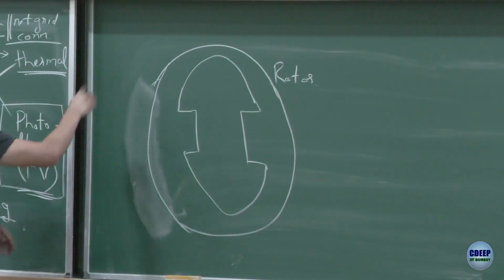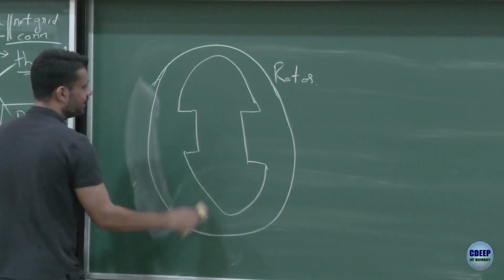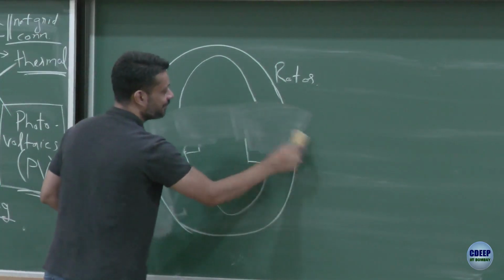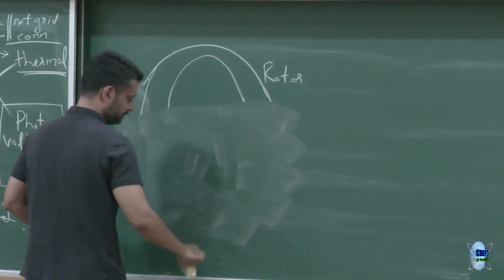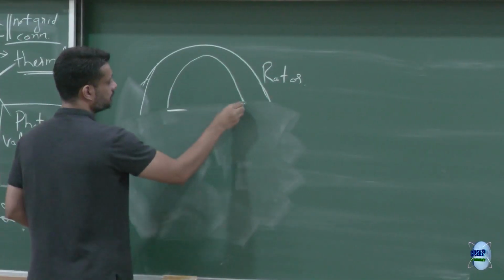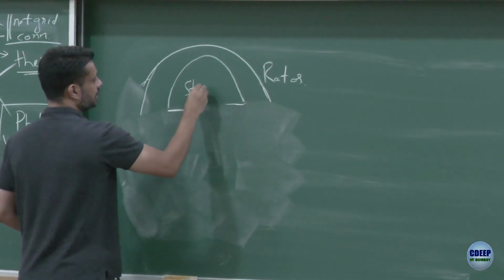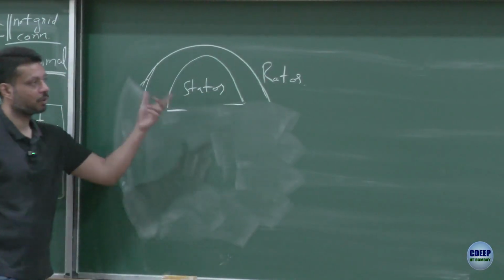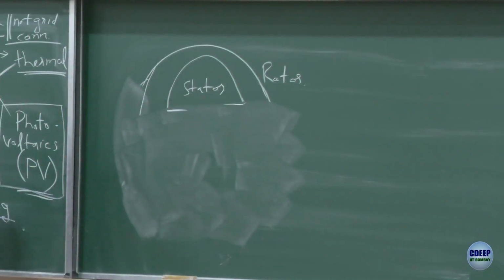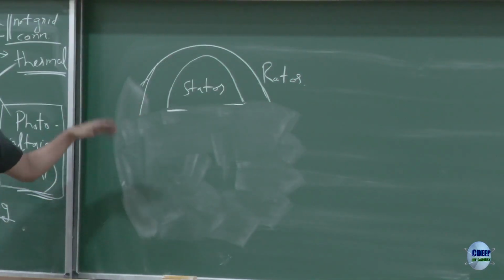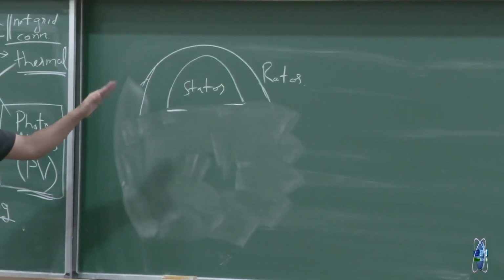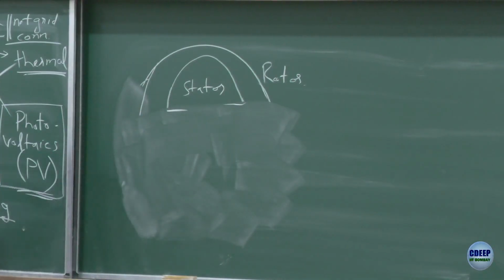The outer one is supposed to be a circle, so let's just focus on this part. This is rotor, this is stator. I am just focusing on the top part from that figure. Now I have tried to draw a different shape. The stator is still circular.